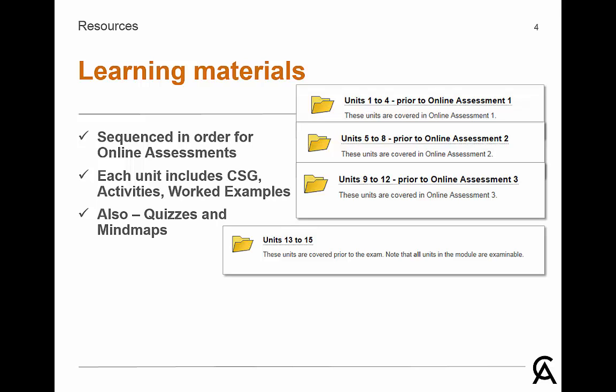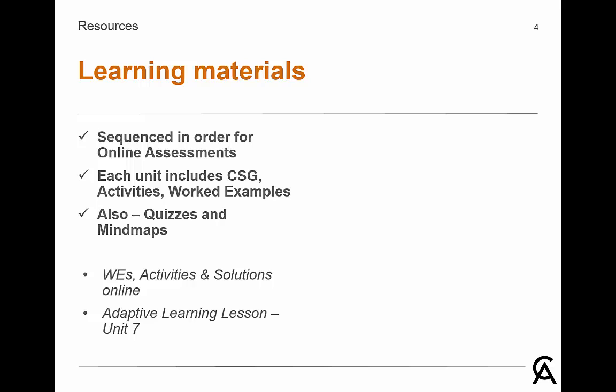Also available there are quizzes, a short up to 10 quizzes, and they should take you approximately 30 minutes for a unit set of quizzes. There are also mind maps available. Now ideally with mind maps you develop them yourselves, but we have included one under each unit to help you progress that idea. So the worked examples, the activities and the solutions are all available online as a PDF document.